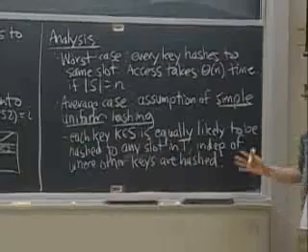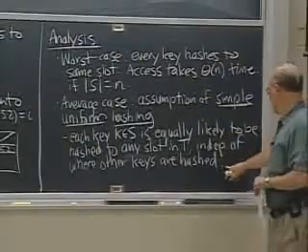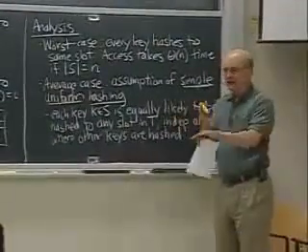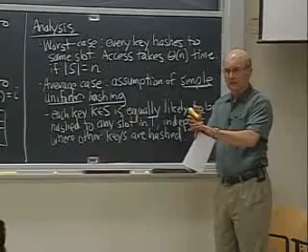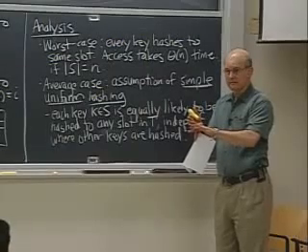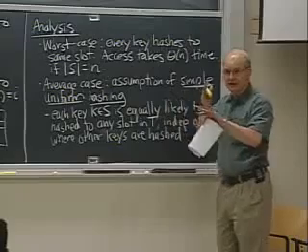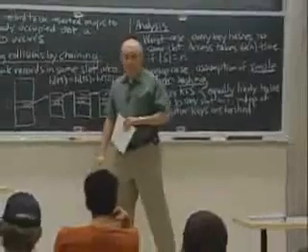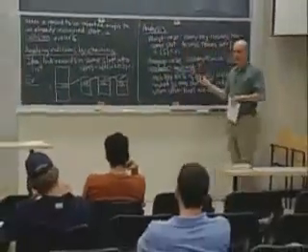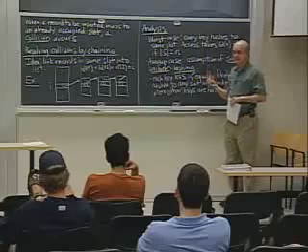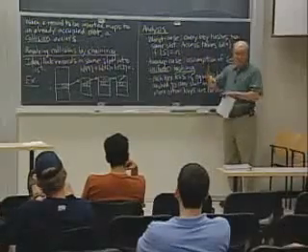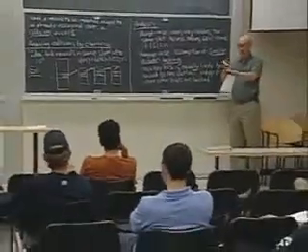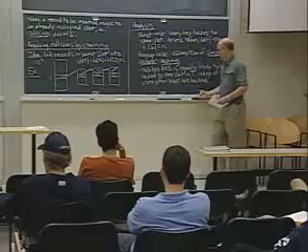So we're going to make this assumption, and it includes an independence assumption, that if I have two keys, the odds that they're hashed to the same place is therefore what? What are the odds that two keys under this assumption are hashed to the same slot if I have, say, m slots? 1 over m. What are the odds that one key is hashed to slot 15? 1 over m, because they're being distributed. But the odds in particular that two keys are hashed to the same slot, 1 over m.